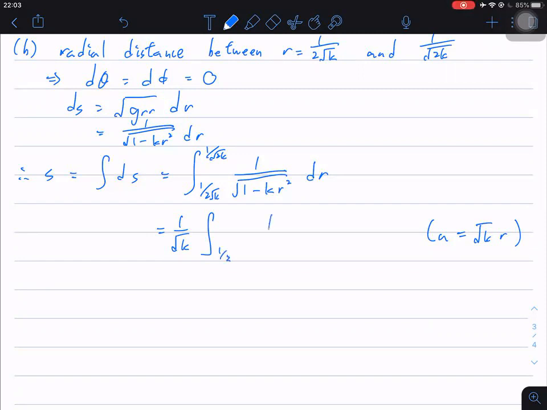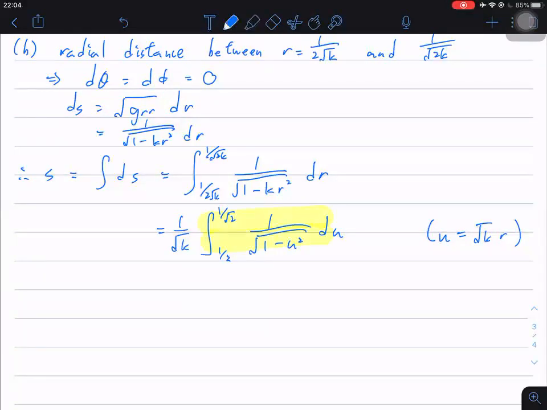Then for the integration, we just have some dimensionless parameter inside the integration. So when you do this substitution, u equals root k times r, what you have to do is just evaluate this integration.